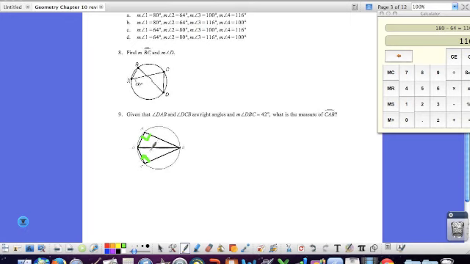So we also learned that DBC, that angle there, is 42 degrees. So that angle creates this inscribed angle, which gives this arc here a measure of 2 times the angle. So that's 84.